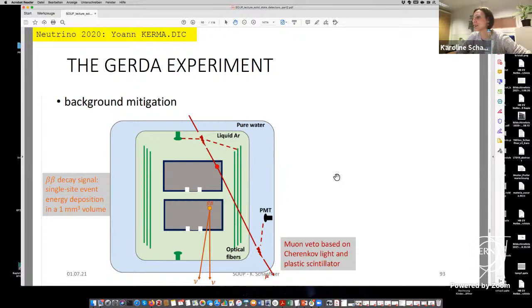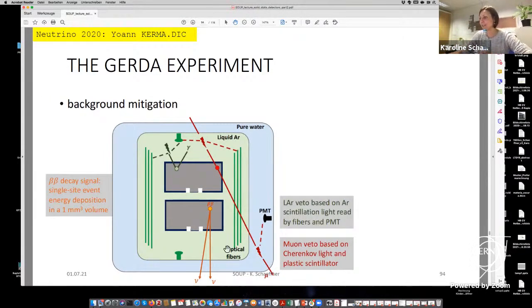This is something you can cross-check, because in this argon they have also these optical fibers which guide the light, and then they have the photosensors to measure it. So this is an active veto which is just around the detector. The germanium is really immersed in this liquid argon. So there's nothing around, it's just really inside this liquid argon.